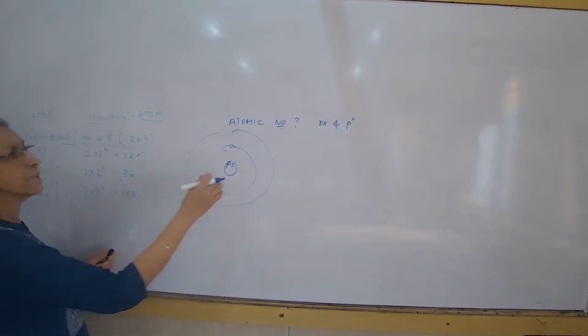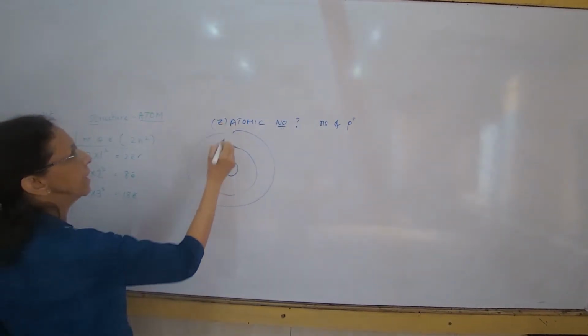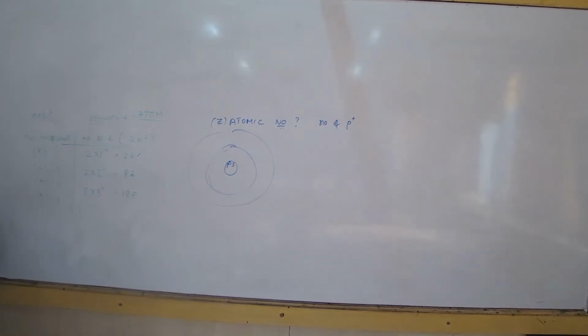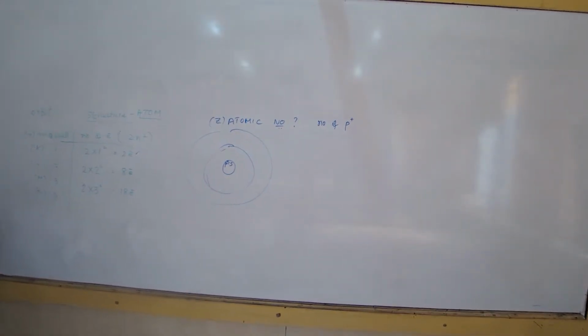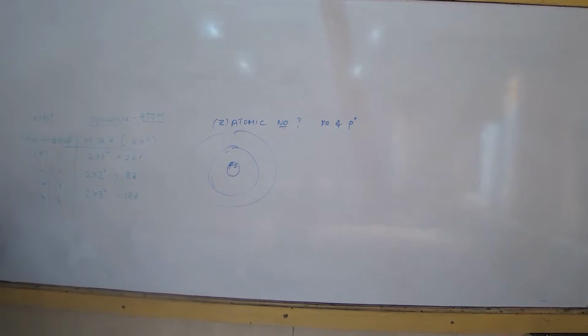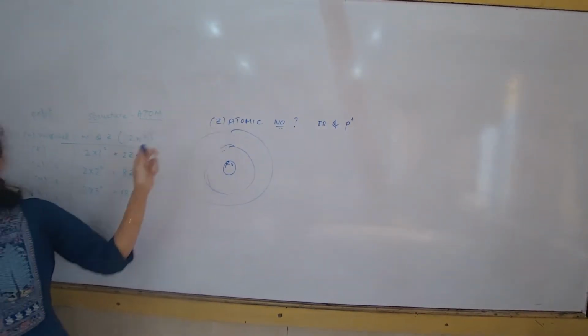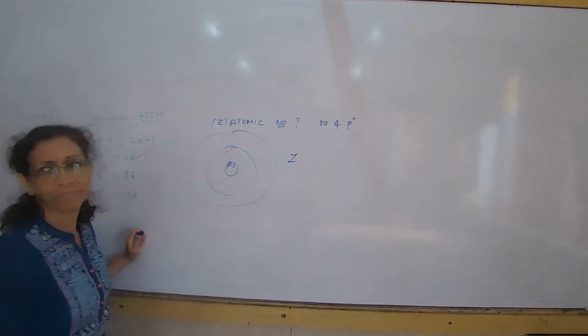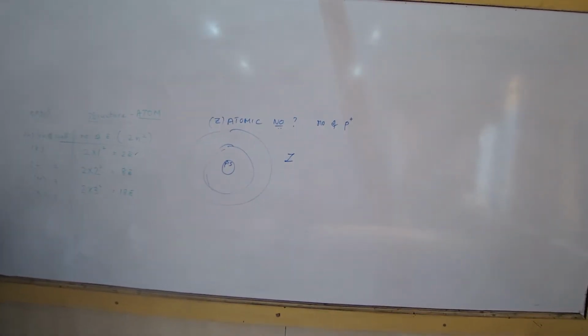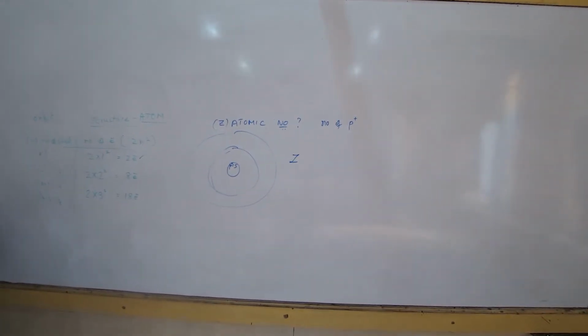So atomic number is usually given by this alphabet. What is the last alphabet? Okay, atomic number is given by the alphabet Z.